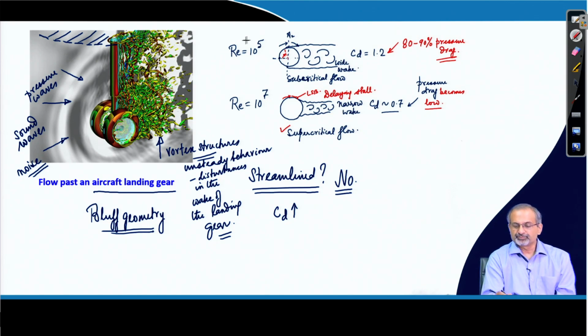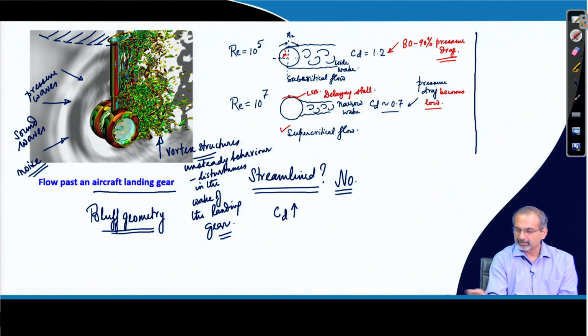Okay. So, we had learned earlier about bluff body flows when we briefly looked at flow past cylinders. If you look at the cross section of the strut, for example, over here, this is a cylindrical section. The wheel portion is a little more complex in terms of geometry, but they are also bluff in nature.